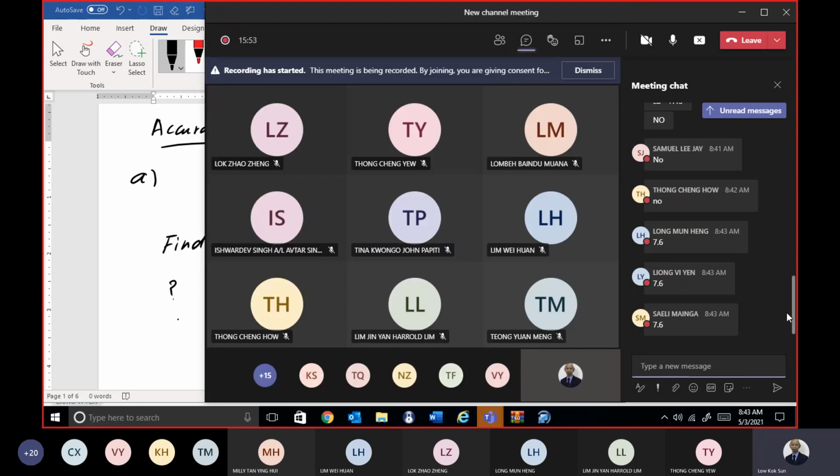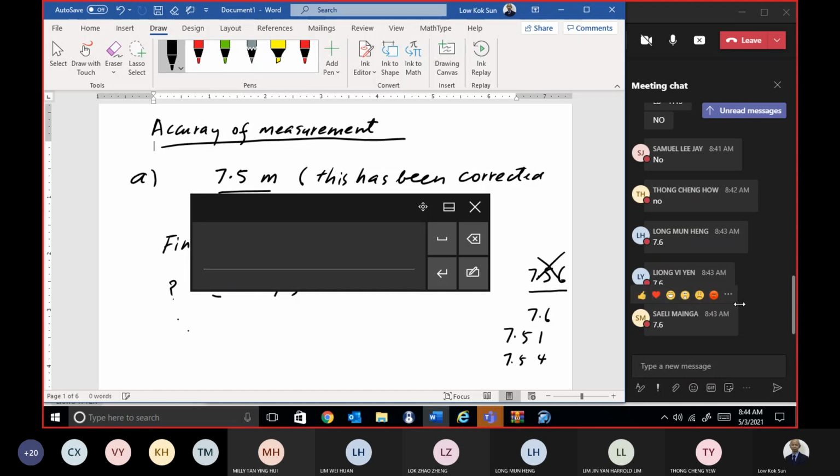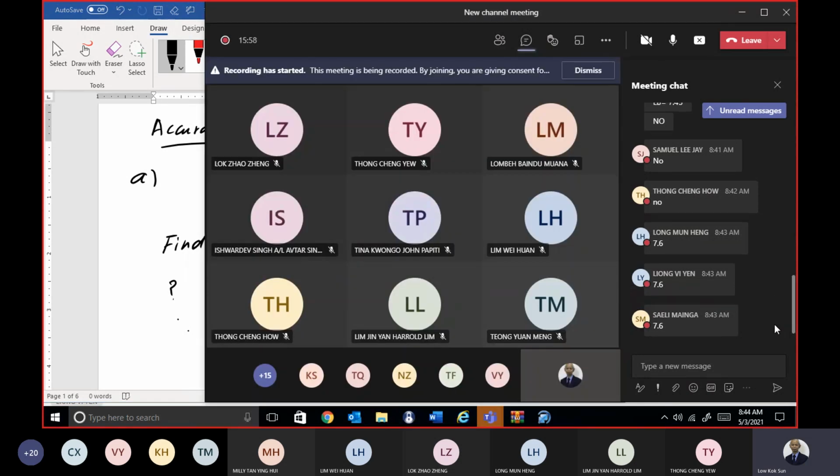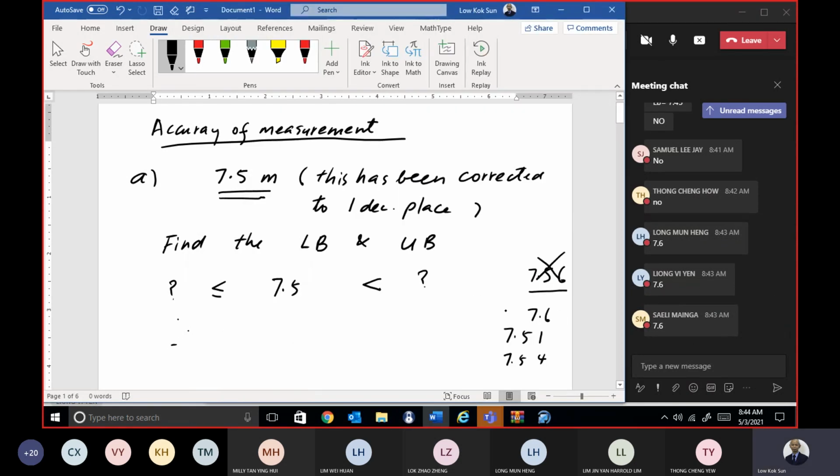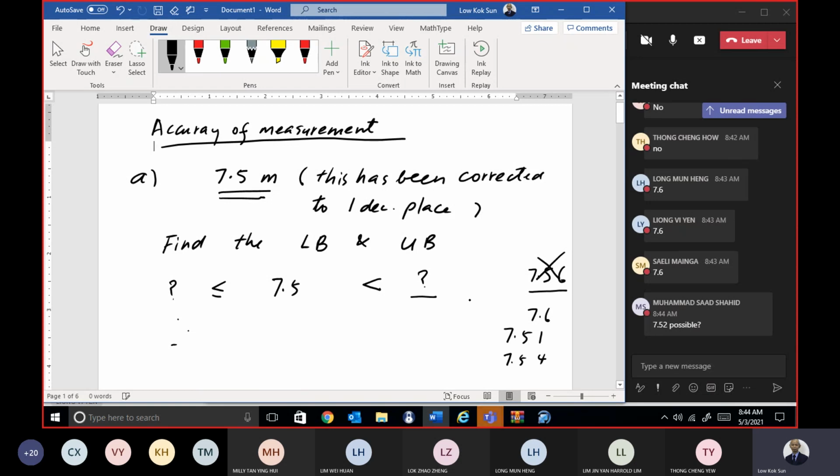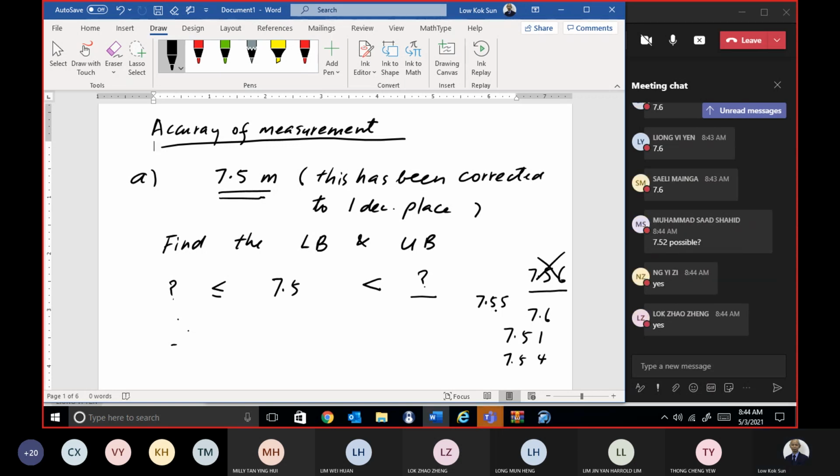Now, listen here carefully. Is it possible that this number is 7.55? Yes or no? If it is 7.55, after rounding, it becomes what? Who wants to answer?